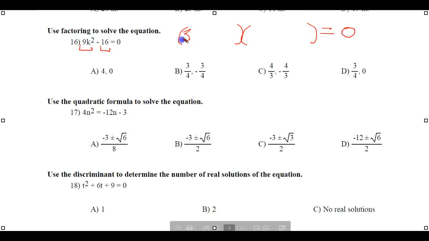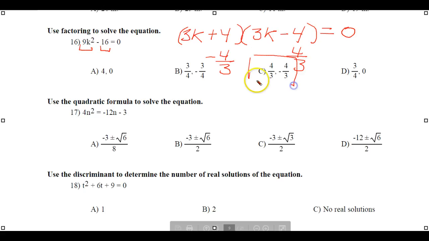So this will be 3k plus 4, 3k minus 4, equal each of these factors to 0. So this will be a -4/3, and this one will be a +4/3, and a -4/3, +4/3 is letter C.